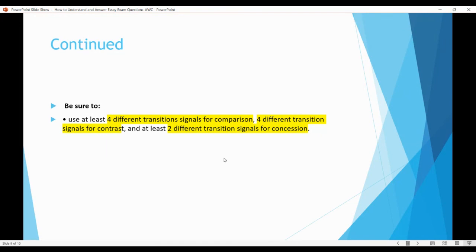So here, students are strictly instructed to use 4 different transition signals for comparison and 4 different transition signals for contrast, like but, however, so, although, though, on one hand, on the other hand, and so on and so forth. So again, when you are instructed to include something, you need to include this in your essay.